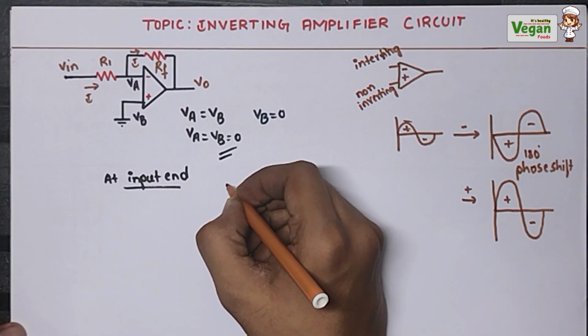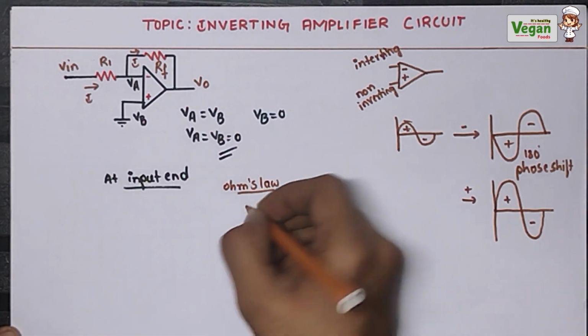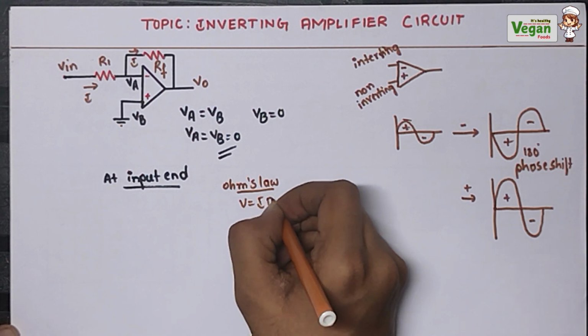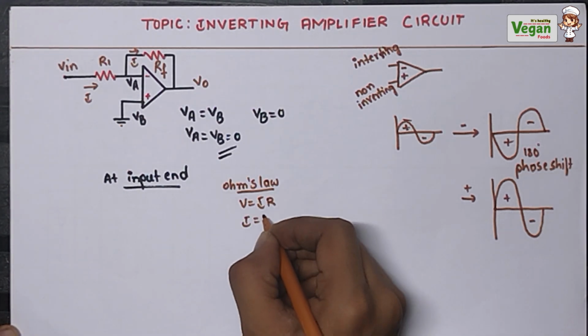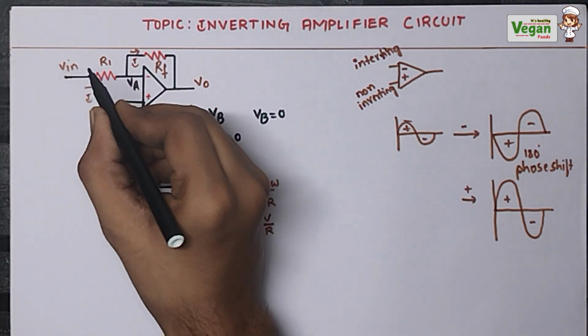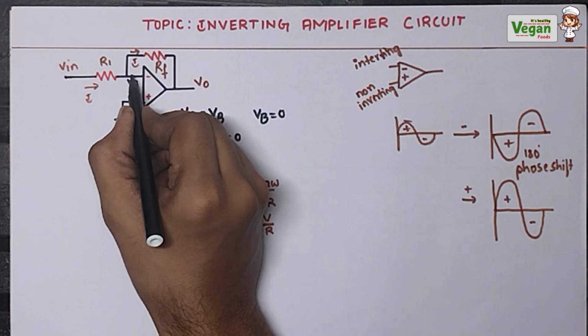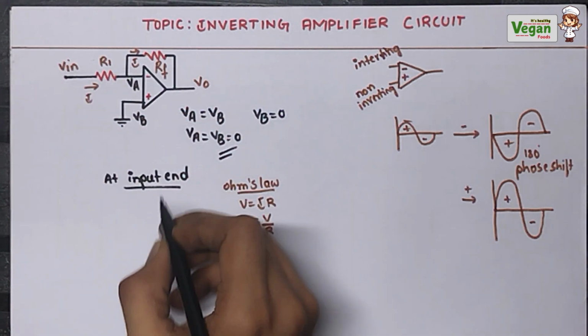Through Ohm's law we know that V is equal to IR. We need the formula for current I, so I is equal to V divided by R. Now let's use this equation and form the input side equation. What is the voltage? V in and VA are both there. The current is flowing from V in towards VA.